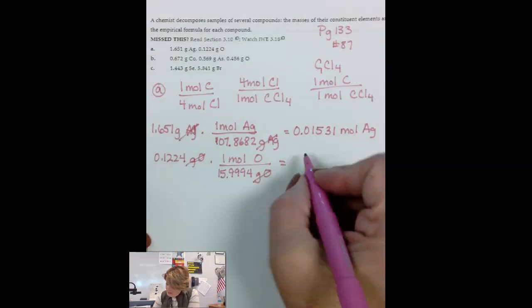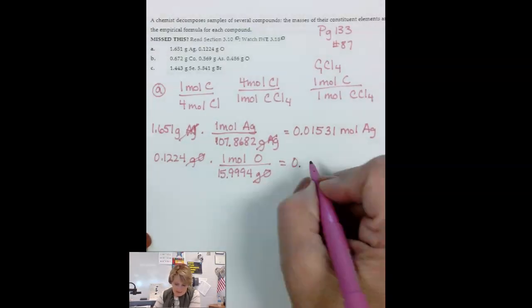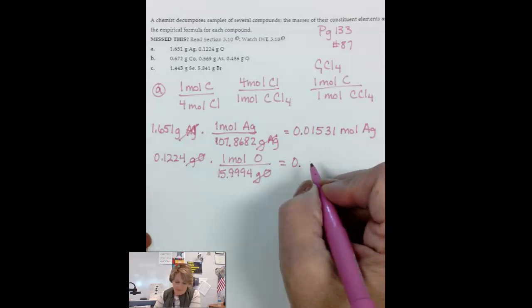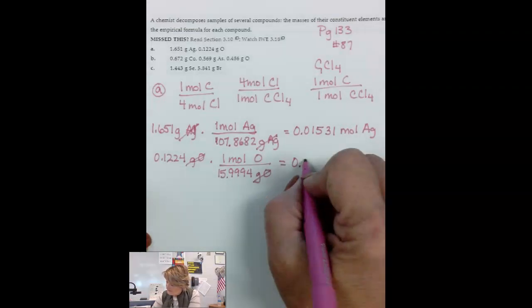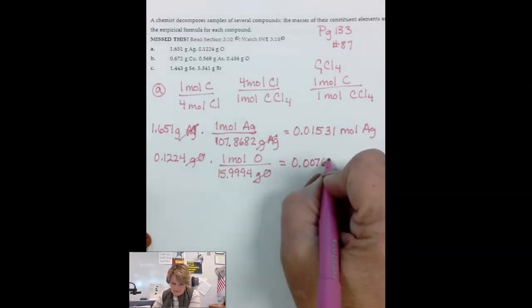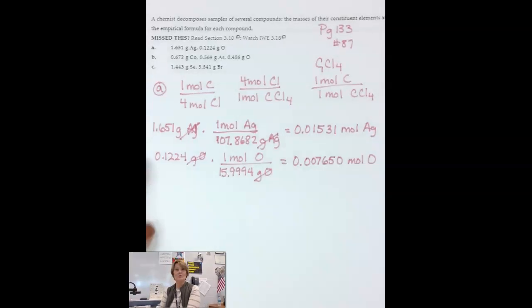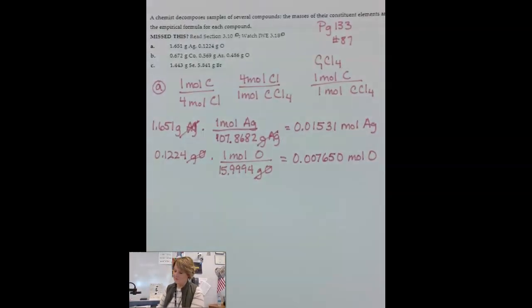And our answer is, I'm going to go ahead and put it in decimal form. My calculator put it in scientific notation. So let's see, 10 to the -3. 1, 2, 3, 6, 5, 0 moles of oxygen. Okay, so we have changed both of these to moles.